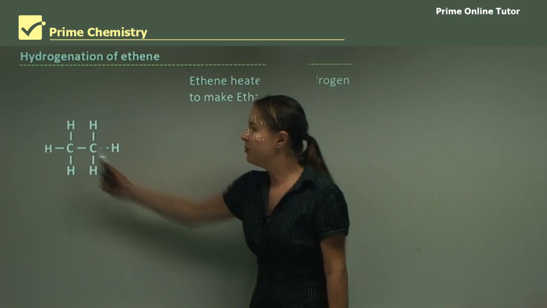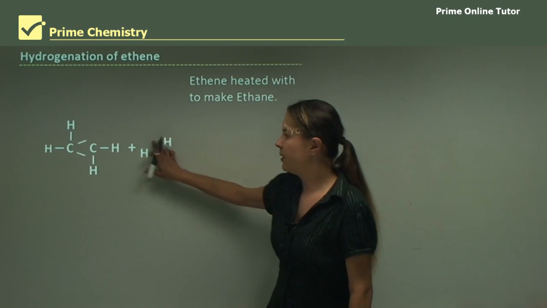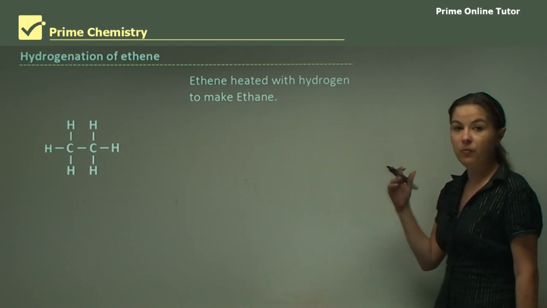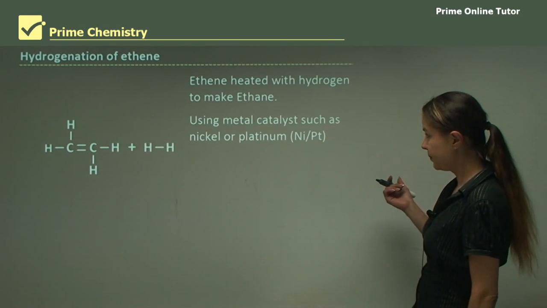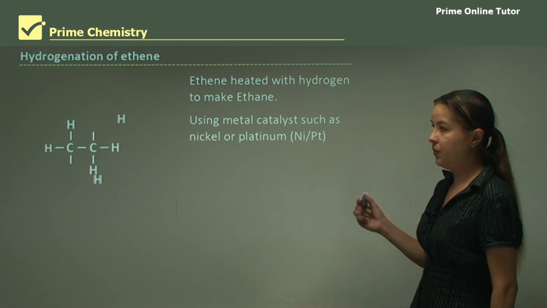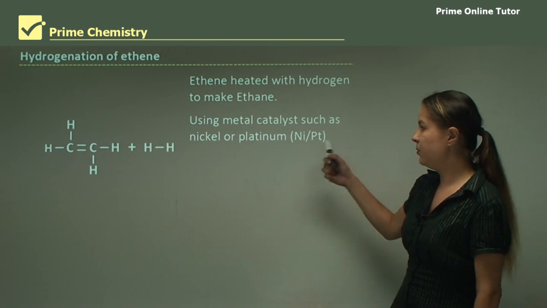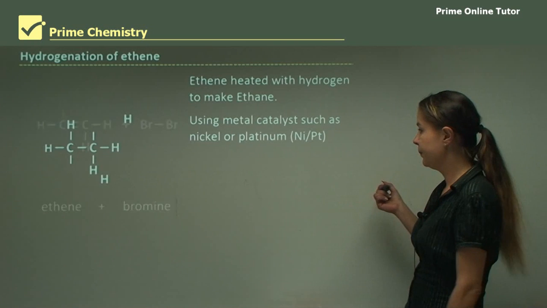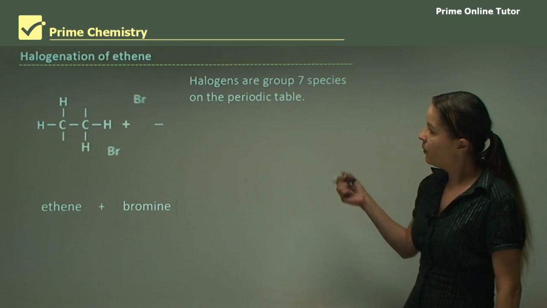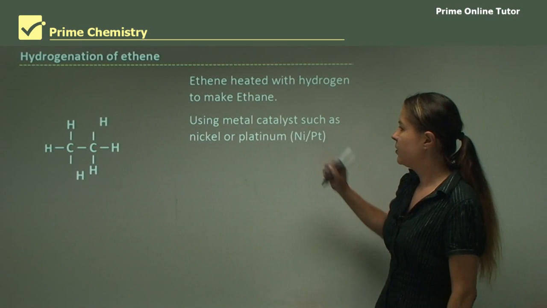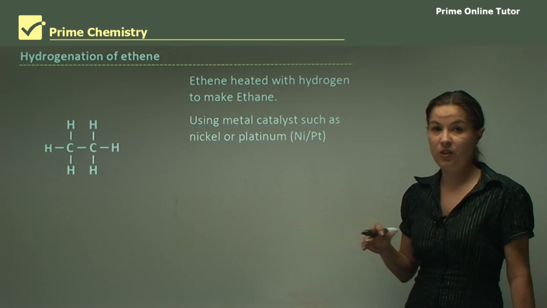So we're breaking that double bond, and the hydrogens are coming in and adding to this molecule. So these are examples of more addition reactions. The reaction conditions for this reaction are that we need a metal catalyst, and we use either nickel or platinum. So going back to this one, hydrogenation, we need a catalyst, otherwise this reaction is too slow.